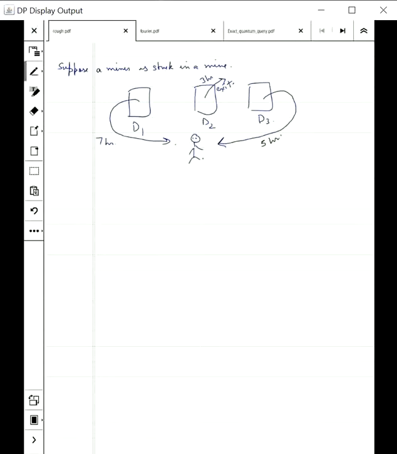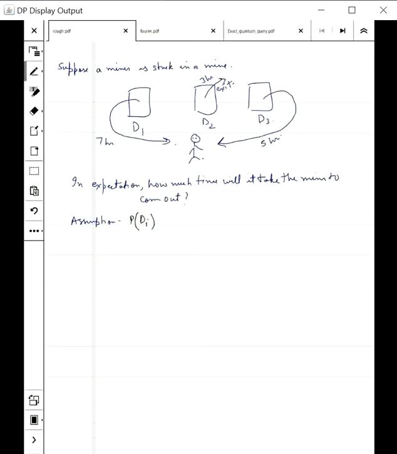So the question is, in expectation, how much time will it take the miner to come out? A small assumption: the miner uniformly picks a door. So picking any door, the probability is 1 by 3.